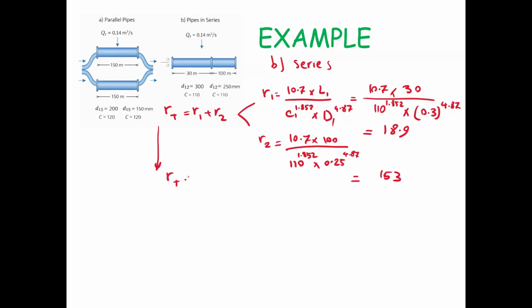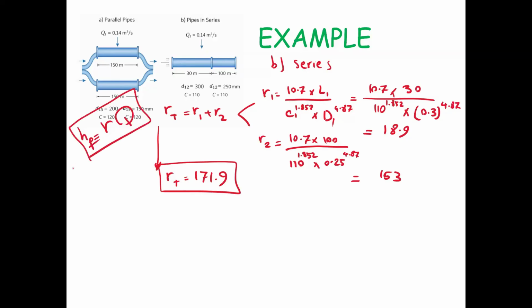So RT is the sum. And again, HF equals R multiplied by Q.